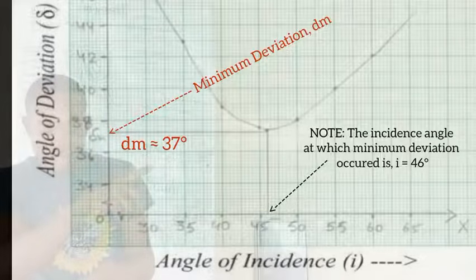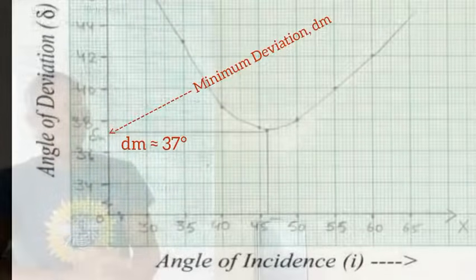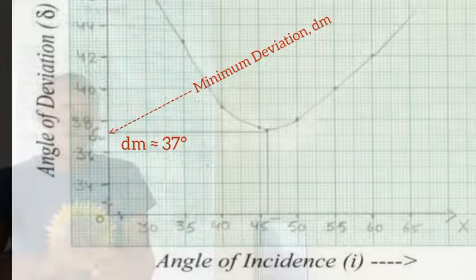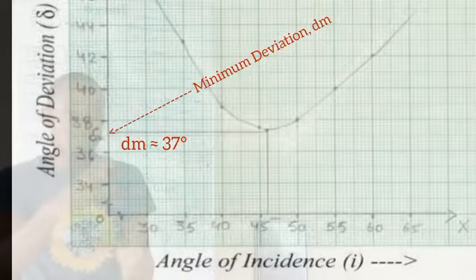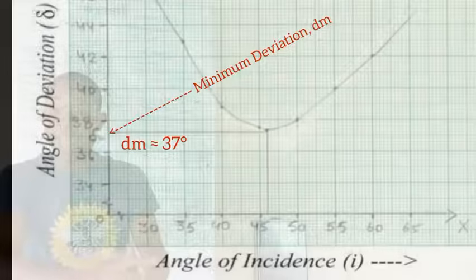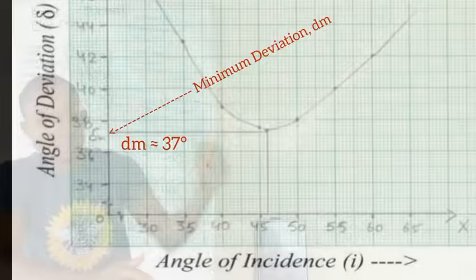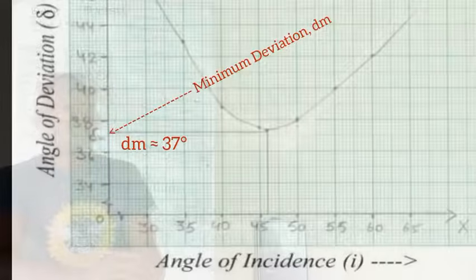Now, following the instruction, we are asked to calculate the refractive index of the triangular prism that was used in the experiment, using the minimum deviation obtained from this graph, and the refracting angle of the prism. Before we talk about calculating the refractive index n using the data obtained from the two graphs, the minimum deviation from this graph of D against I, and the refracting angle from the graph of I against d minus e.